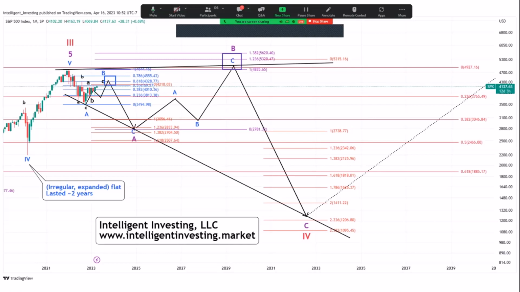We just need to go through probably a large correction to get rid of all the froth and excess we've had in the markets and in society based on quantitative easing, zero interest rates, and that type of stuff. The easy money is over, and that's normal.